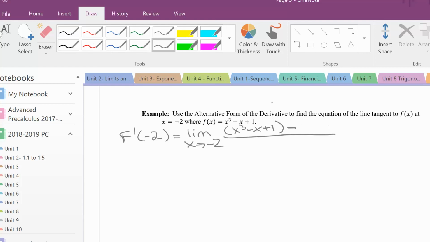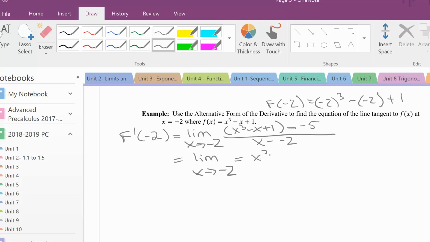Well, if I put -2 in, I get -2 to the third minus -2 plus 1. So you get -5, all over x minus -2. So that means I have the limit as x approaches -2 of x to the third minus x plus 6, because this is plus, over x plus 2.